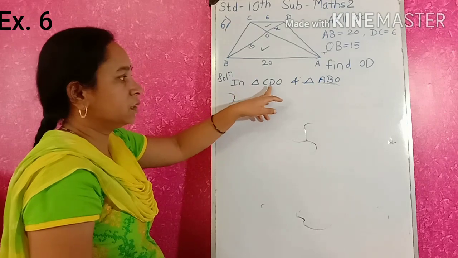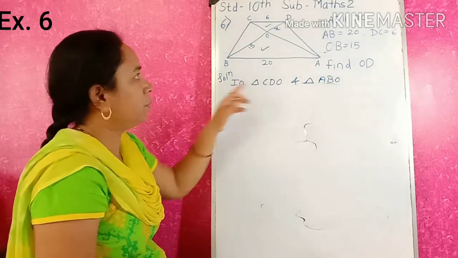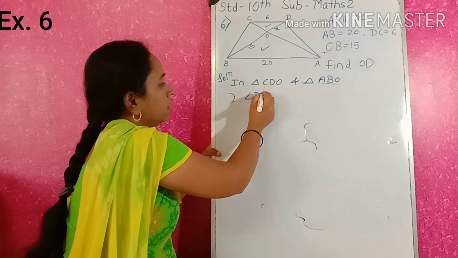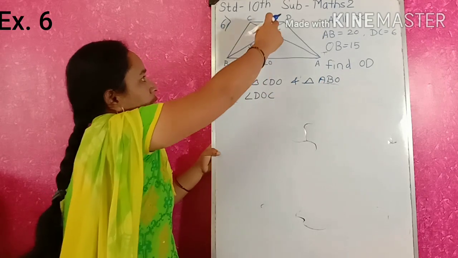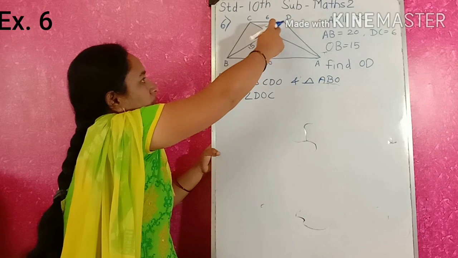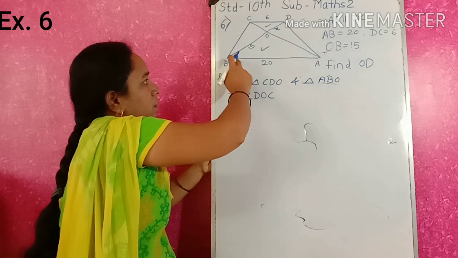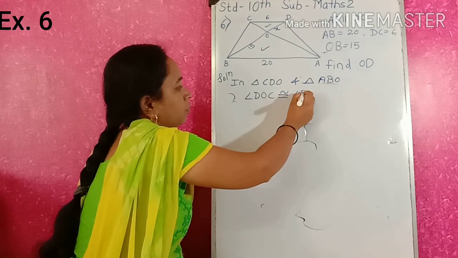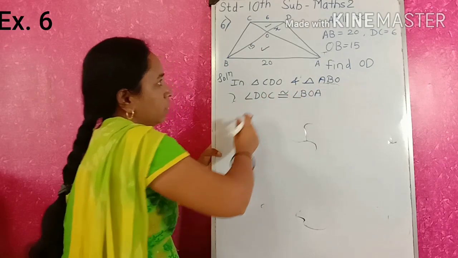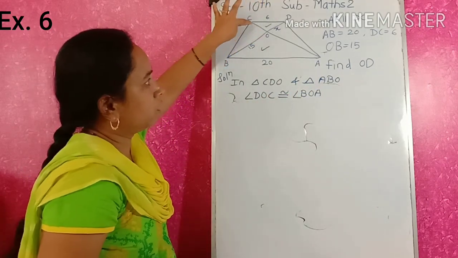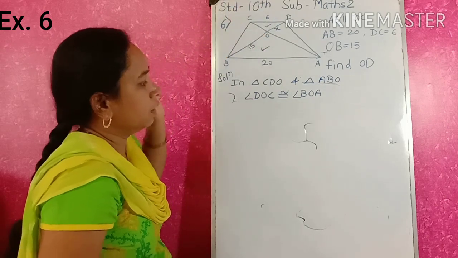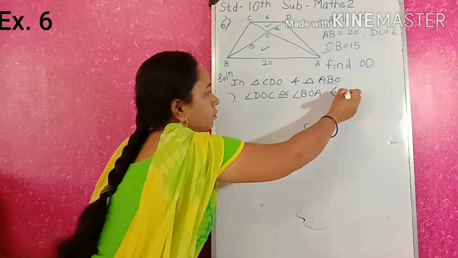In triangle CDO and triangle ABO, we can get angle DOC congruent with angle BOA. What is it? DOC and BOA are the vertically opposite angles.